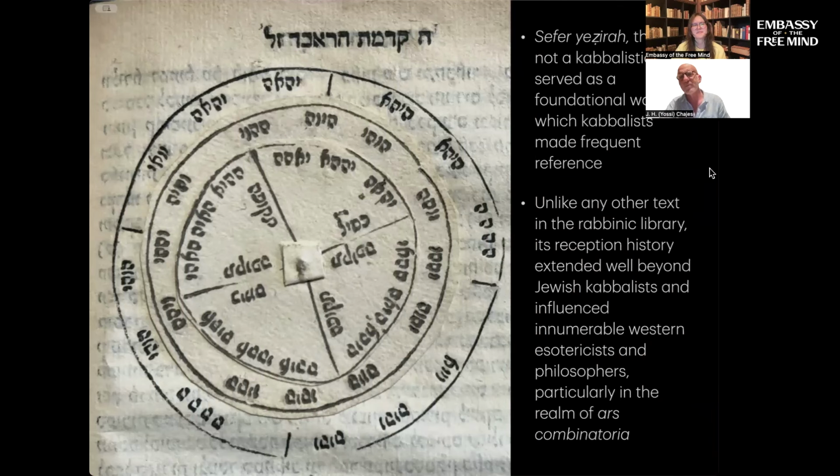So again, Sefer Yetzirah is not a Kabbalistic text, but it's a little bit like if you read rabbinic literature and see how often they cite the Bible as the authority. And they cite the Bible as the authority, even though the Bible isn't a rabbinic text. It's maybe because it's not a rabbinic text, they refer to it as the authority.